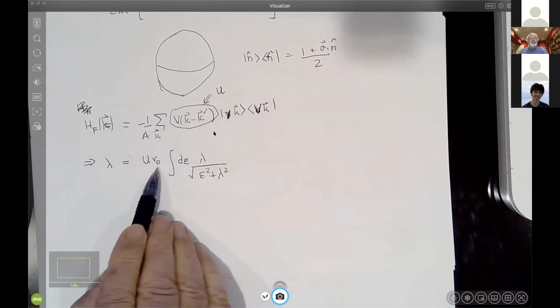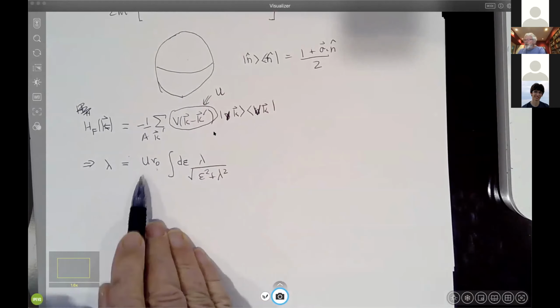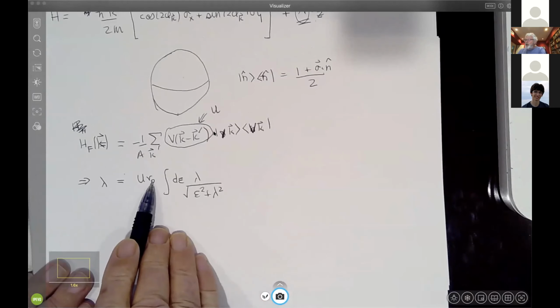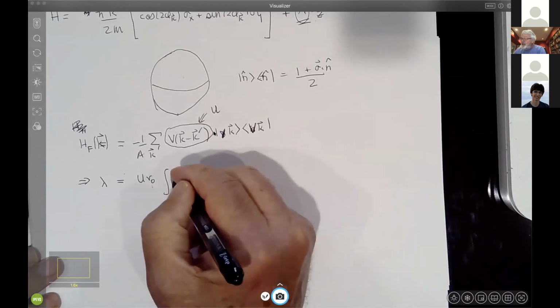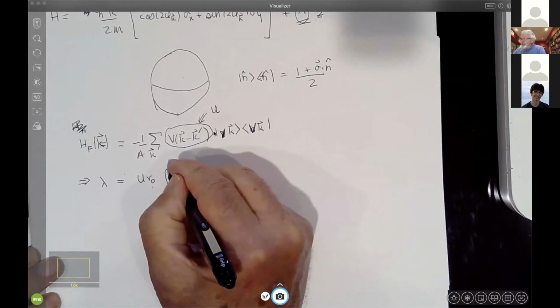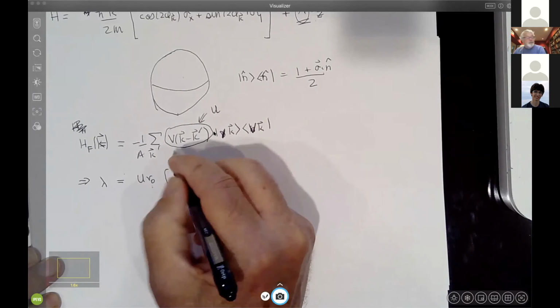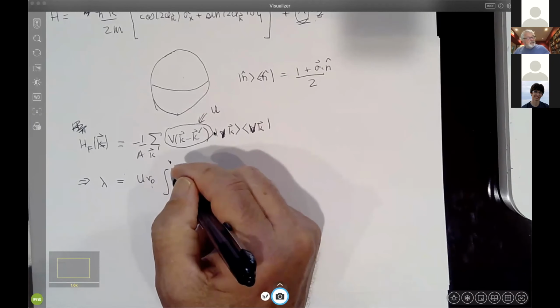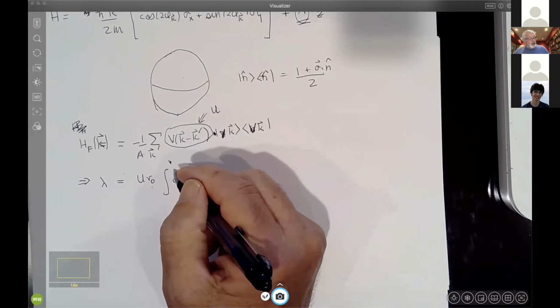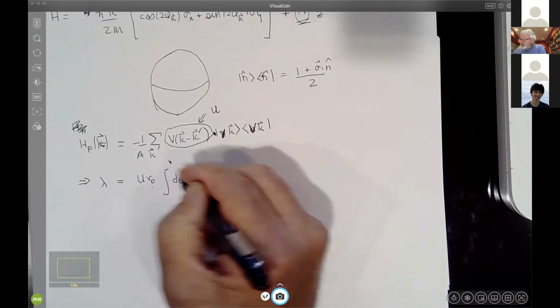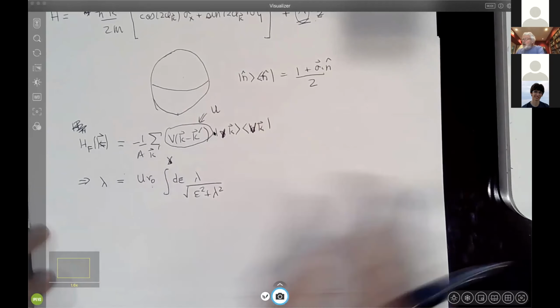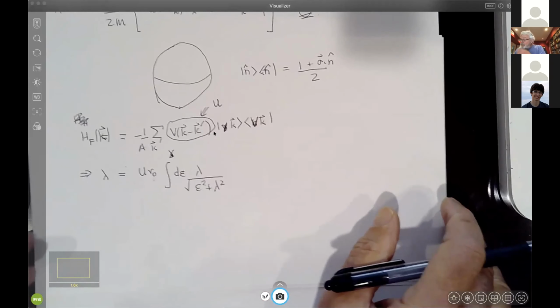Here nu naught is the constant density of states corresponding to the parabolic single particle band. And this integral is only correct up to the scale of the low energy states, which is gamma.